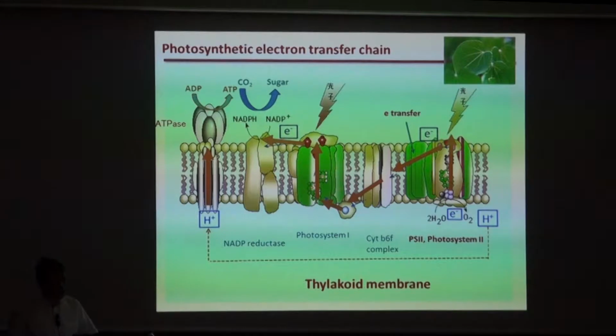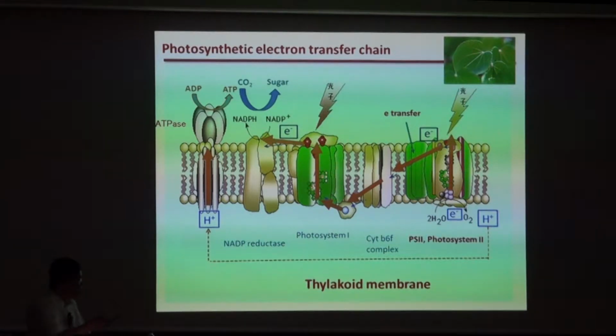And even today, the oxygen in the atmosphere is mainly produced by natural photosynthesis. This reaction occurs in a biological membrane. Within a leaf, there is a very complicated biological membrane, which we call the cytoplasmic membrane.